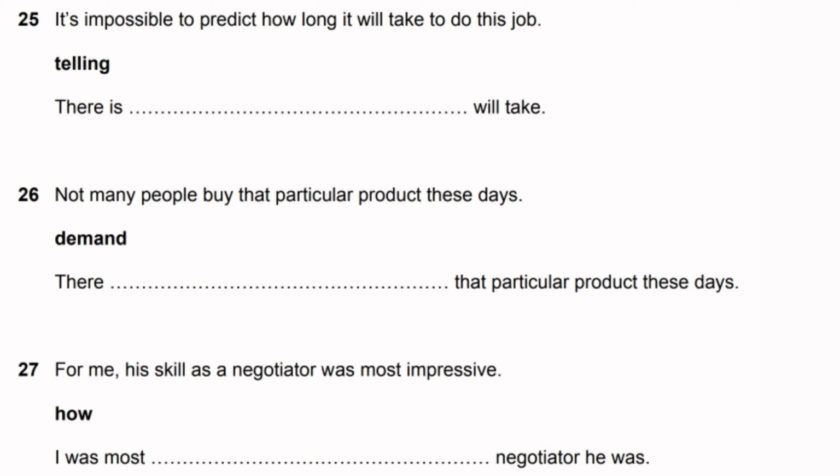So, number 25. It's impossible to predict how long it will take to do this job. And we have been given the word telling. There is no telling how long this job will take. Okay, so I imagine most people listening to this video are aware of the other meaning of the word tell, which is like to perceive something.